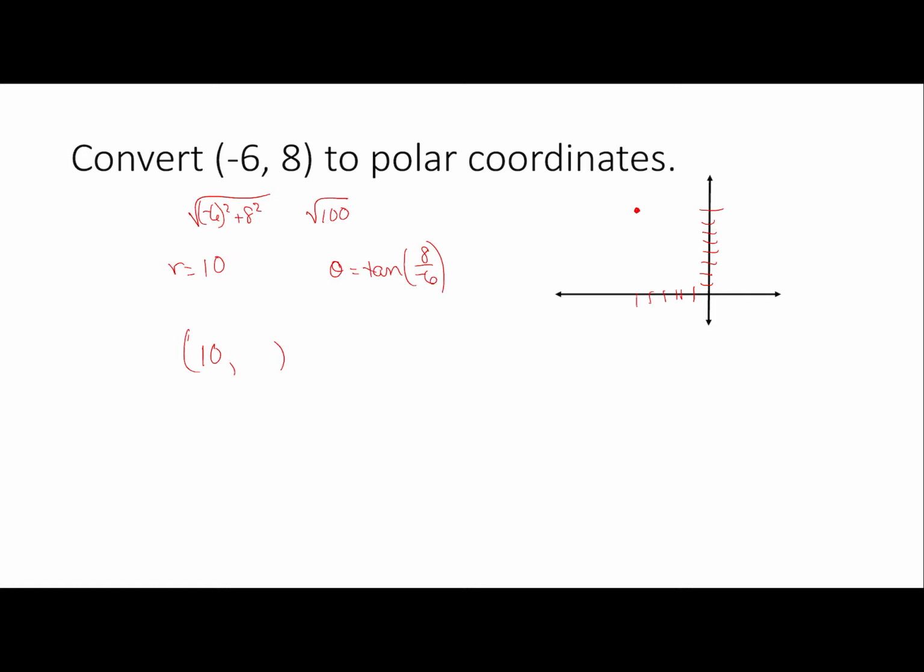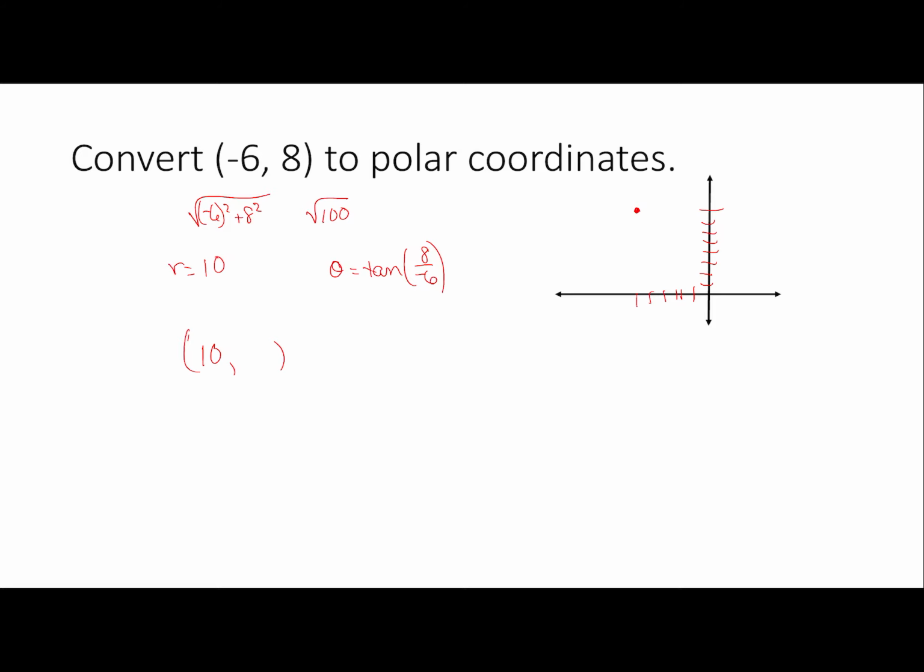However, we have to remember that when we do these problems, our calculator can lie to us. It's assuming, because tangent inverse is a function, that the answer is going to be in the first or the fourth quadrant. Our point is in the second quadrant. So let's do inverse tan of 8 divided by 6.